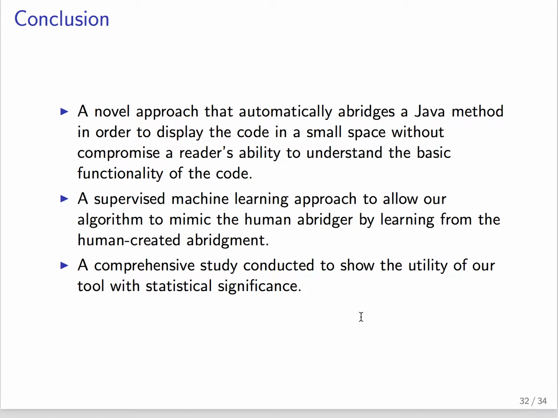We propose a novel approach that automatically abridges a Java method so that the code can be displayed within a very small space. And we design a supervised learning approach to determine the parameters for that optimization problem. And we conduct a user study to show the utility of our tool.